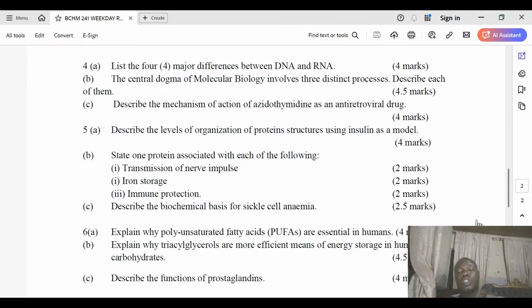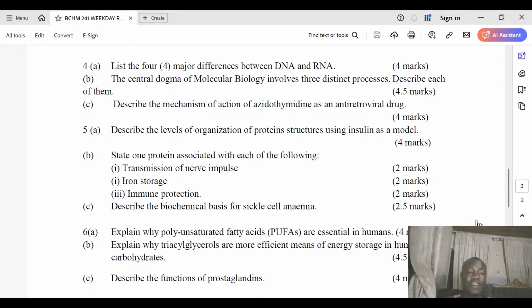But when you have this non-covalent interaction between two polypeptide chains, that is when you have the tertiary structure of the protein. But when you have multiple polypeptides joined together with non-covalent interaction, that is what leads to the quaternary structure of the protein. So I think now I have answered question 5A.